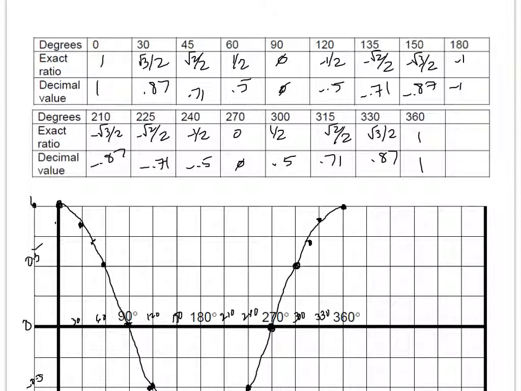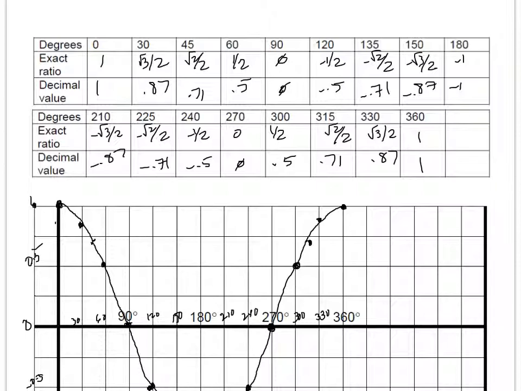Now the only thing is that when you go over 90, you should use the unit circle to find the reference angle, and then from there you can find the cosine of the given angle.